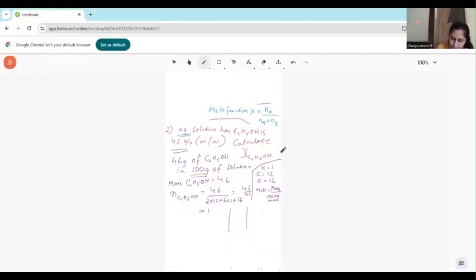I have ethyl alcohol, I have water, I have solution. Okay, ethyl alcohol is 46. Solution is 100. Can we find out the mass of water? So it's nothing but 100 minus 46, which is equal to 54.